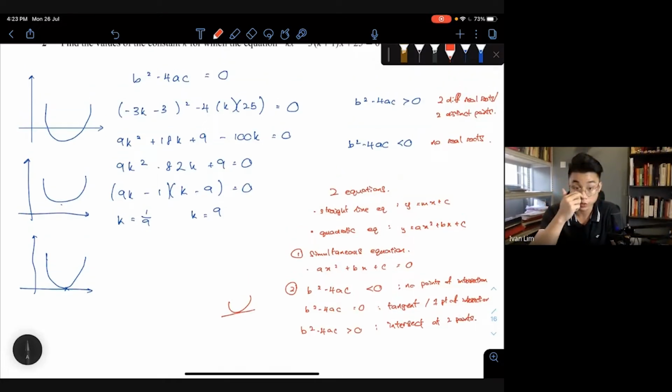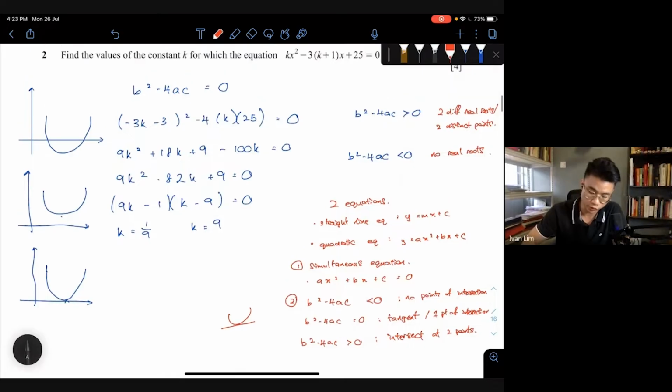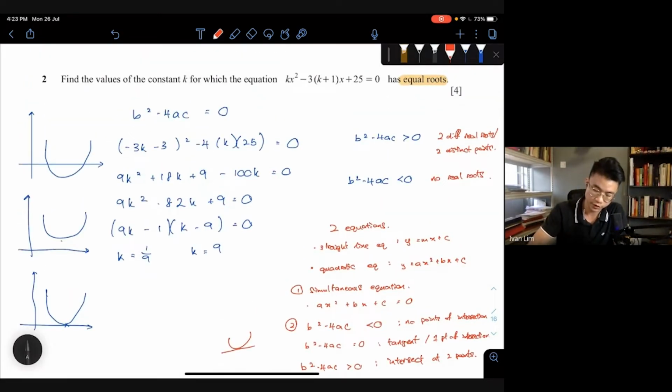The first part, you have to do simultaneous equations first. You equate both equations together, rearrange the whole equation to ax squared plus bx plus c. So you'll come to something like this form here. But you have some unknown terms inside.